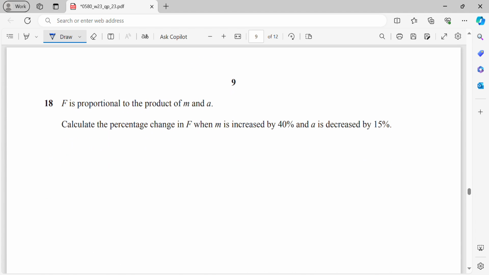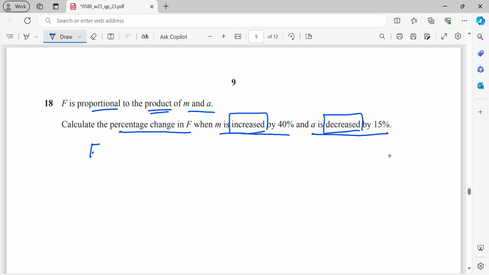Okay, now question 18. F is proportional to the product, meaning multiplication, of m and a. Calculate the percentage change in f when m is increased by 40% and a is decreased by 15%. One is increased, another one is decreased. Now I will write F is proportional to the product of m and a, that means ma.